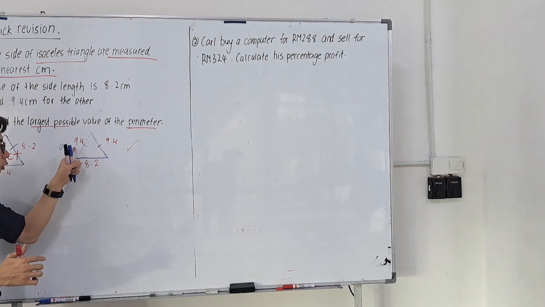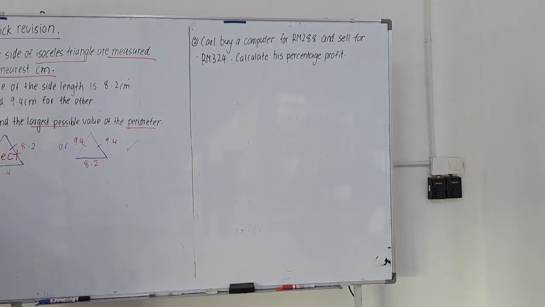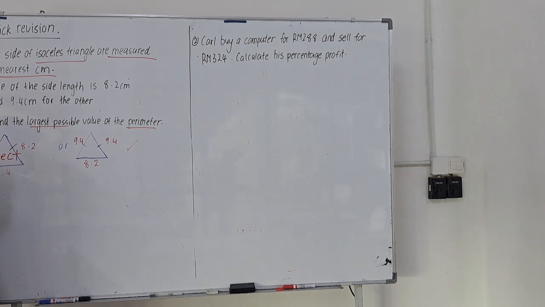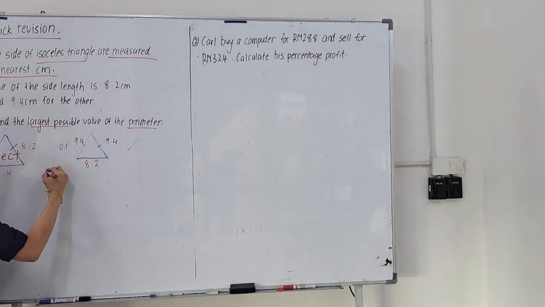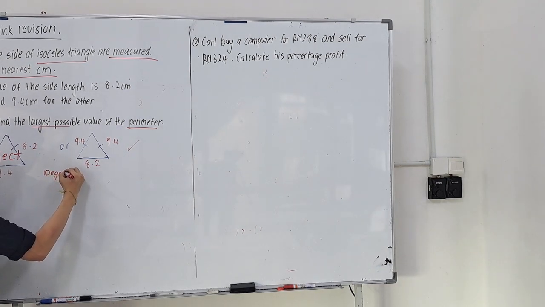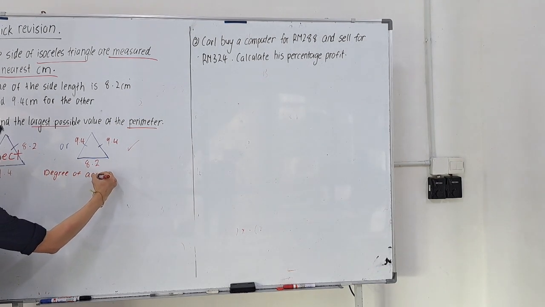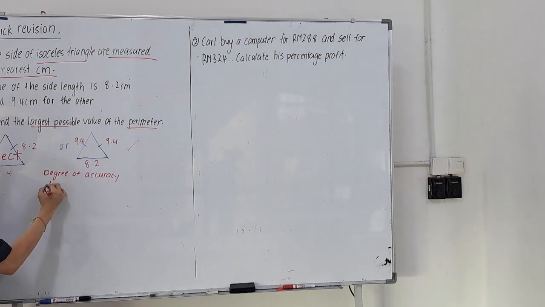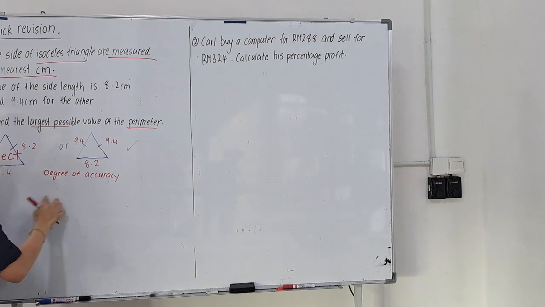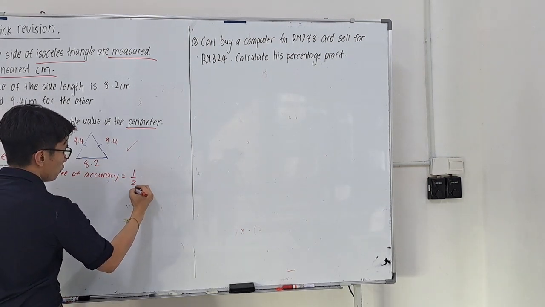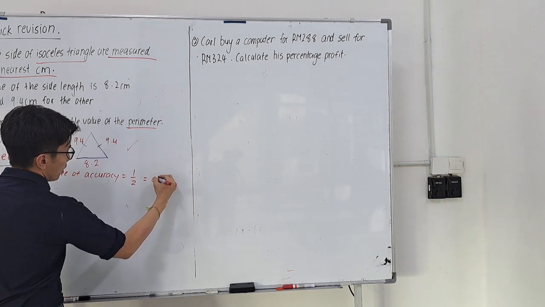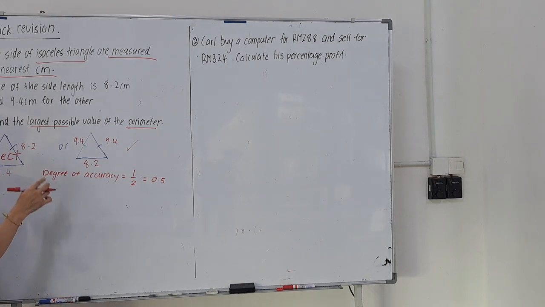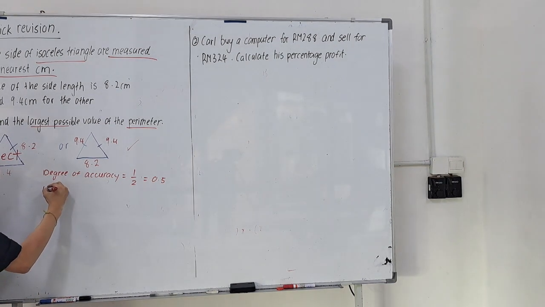Remember to find it for each length. For the nearest cm, the degree of accuracy is 1 divided by 2, which will give me 0.5.